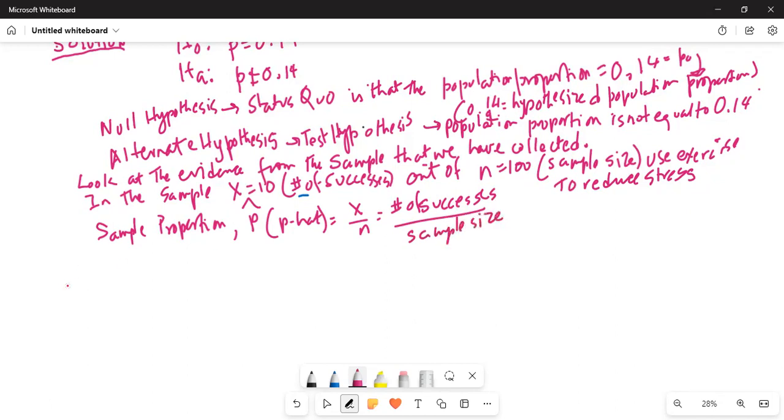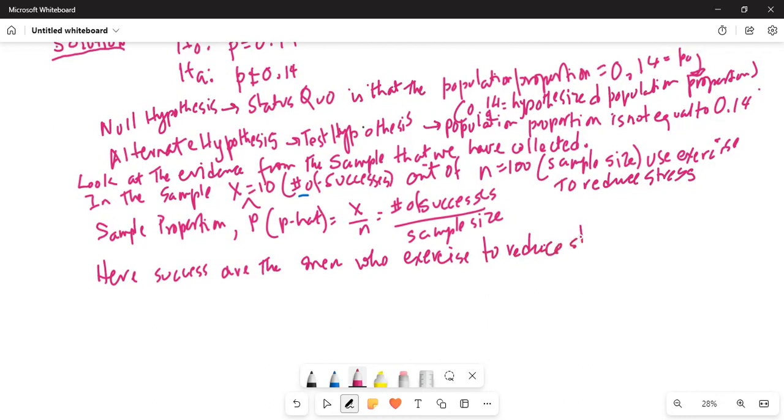Here success are the men who use exercise to reduce stress. So P hat is X over N is equal to 10 over 100 is equal to 0.1.